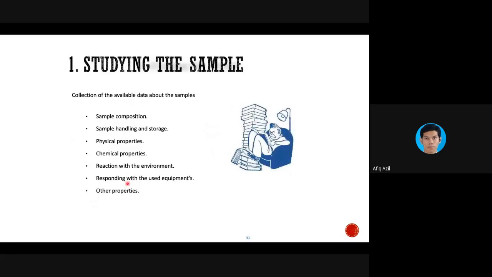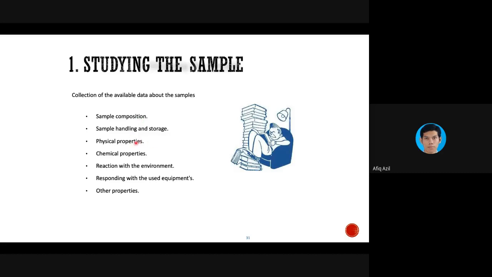So the first step is to study the sample. That means collecting the available data about the sample: what is the sample composition. If it's an organic compound, which functional group does it belong to, whether it's carboxylic acid or alcohol. Then the handling and storage. This is also needed for safety purposes, especially if the sample needs to be stored at low temperature because it is highly volatile, so you need to know beforehand.